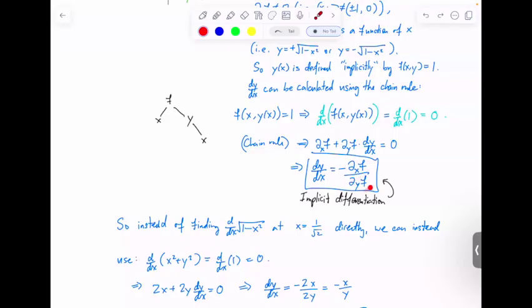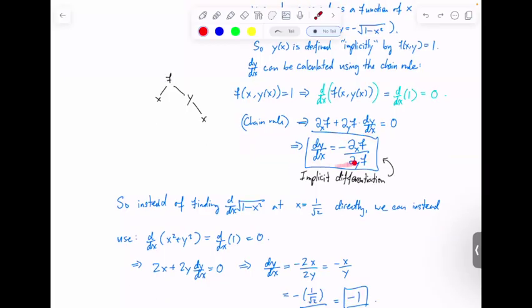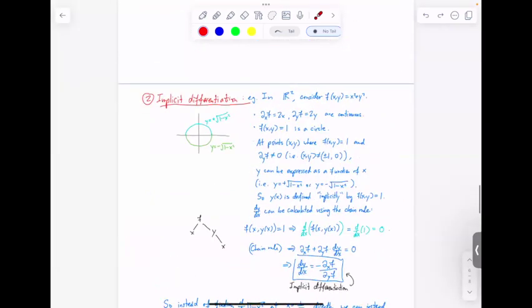And this works whenever this is defined, right? Partial y of f cannot be 0 because you can't divide by 0. But this formula holds true wherever partial y of f does not vanish. All right, so what's the point of this? Well, the point is this function here, x squared plus y squared, is very easy to differentiate in terms of x and y, their partials, right?